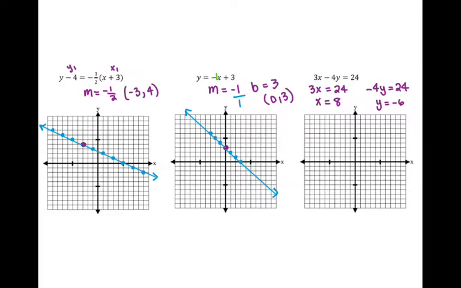On my x-axis, I'm going to go over to 8, and on my y-axis down to -6. And let's connect. See if I can go in the opposite direction as well. There we go. That looks nice and straight. All right, and there's your graph.